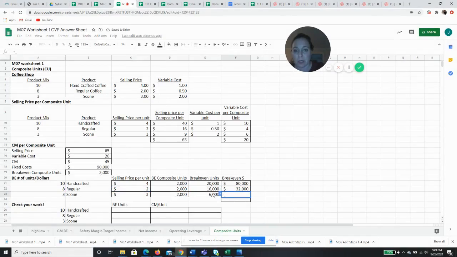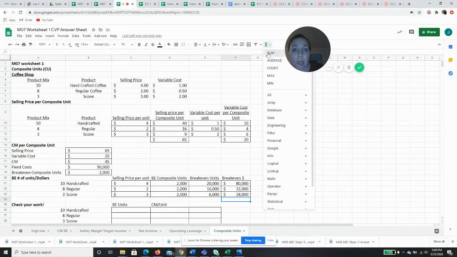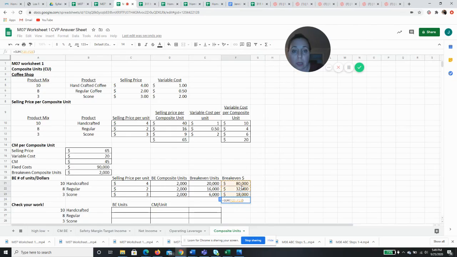All right. This way is obviously easier, so I'm just going to multiply my break-even units for scones times the sales price for scones. And that's going to be 18,000. So in order to break even, I'm going to need to make $130,000 in sales.